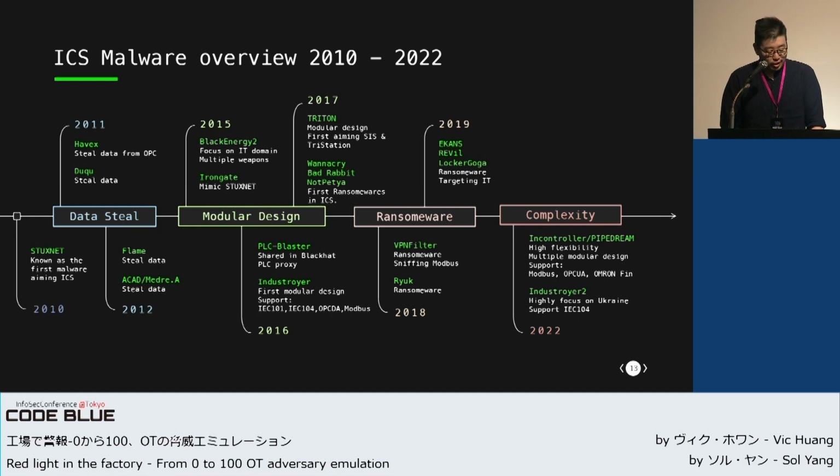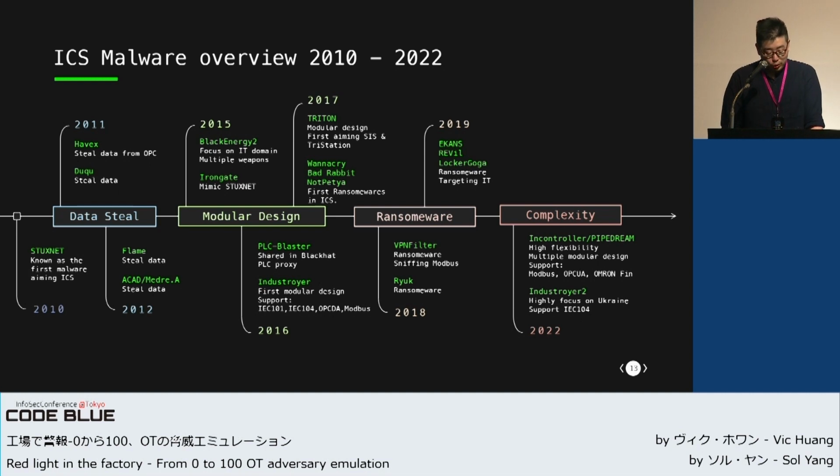Next, starting from 2017, there are dozens of ransomwares, which try to encrypt or break the operations in IT and OT and focus on Windows devices in IT and OT.